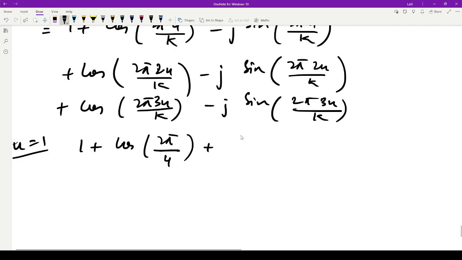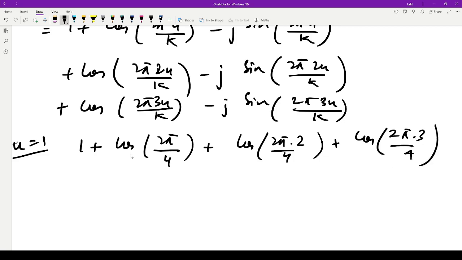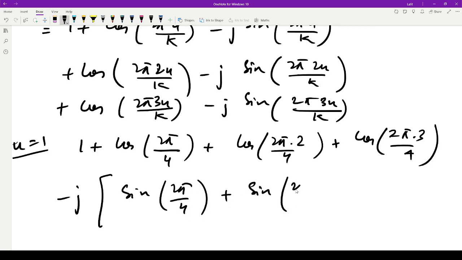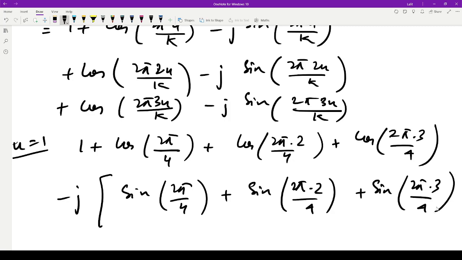This is cos 2 pi by 4, cos 2 pi into 2 by 4, cos of 2 pi into 3 by 4. And minus j times the sum of sine of 2 pi by 4, sine of 2 pi into 2 by 4, plus sine of 2 pi into 3 by 4. Hope this is very clear. I'm just replacing u and K with the respective values which I chose.